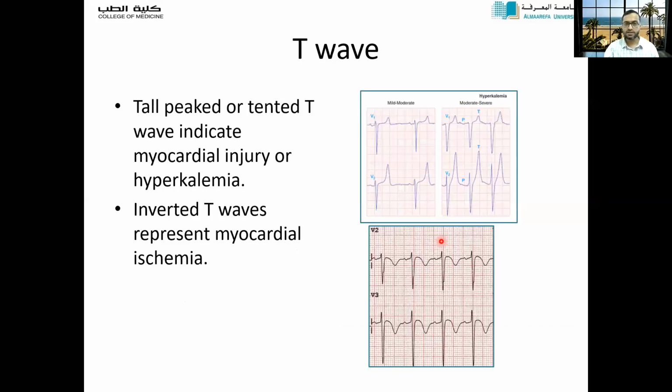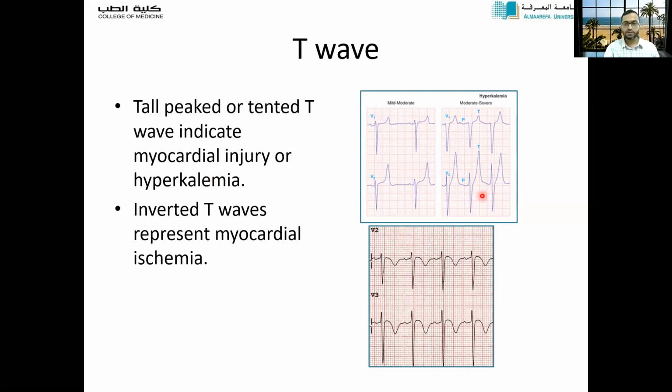But some variations can occur, like sometimes you will find a tented, tall T wave. You can compare it with even the QRS complex. The R wave is smaller than the T wave, and they are not rounded in shape. These T waves are like spikes. Usually it occurs in myocardial injury or hyperkalemia. Significantly, it's suggestive of hyperkalemia.